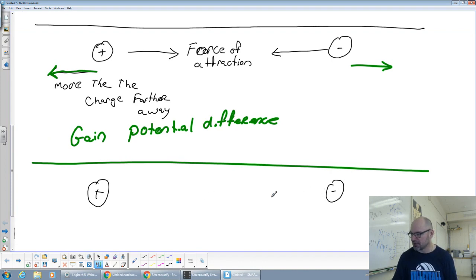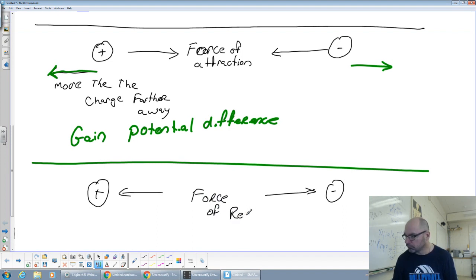This one's going to be pushing on this one, and this one's going to be pushing on this one. So we have a force of repulsion. In order to gain electric potential difference, we have to move this one here. Think of it as if you move it there and you let it go, it's going to shoot it back out. If you move it out here and you let it go, it's going to shoot it back in, right?